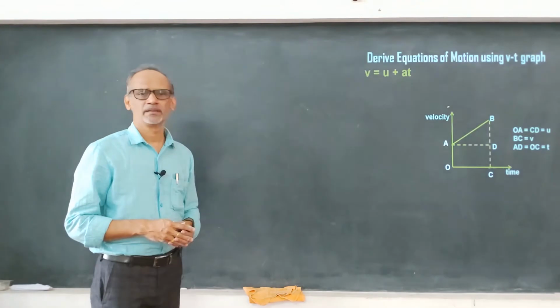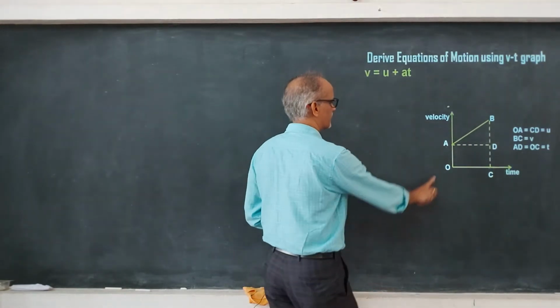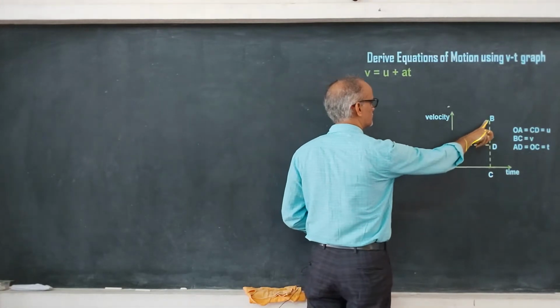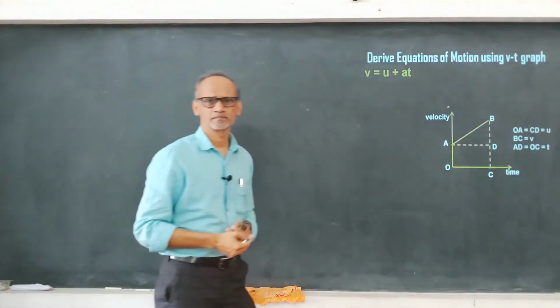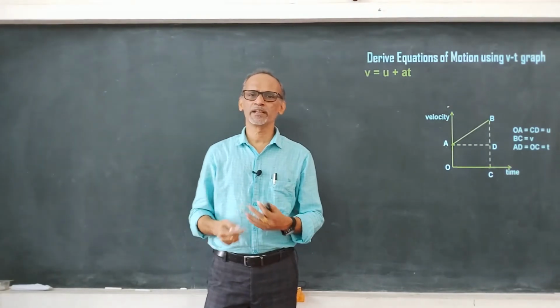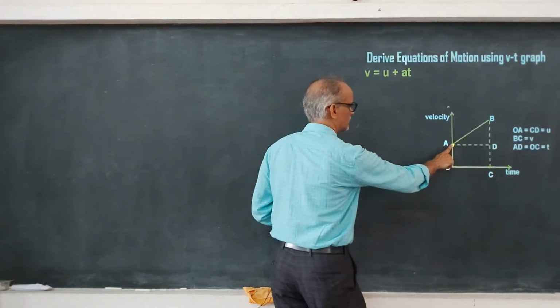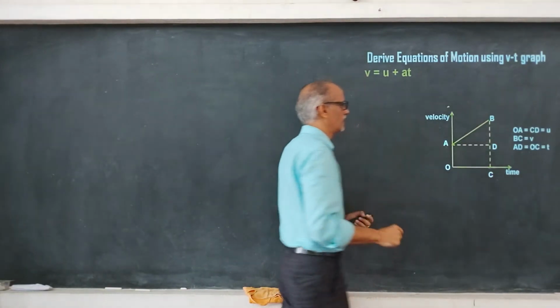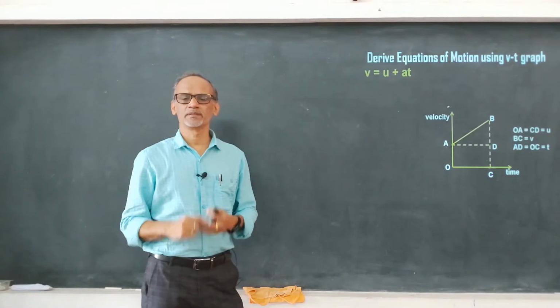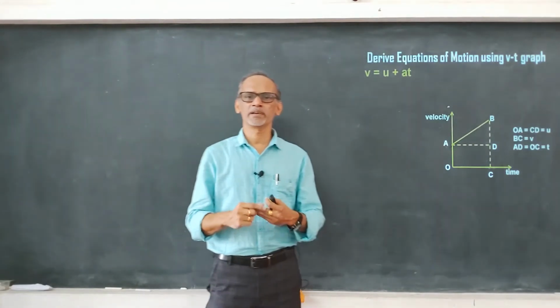So let me take a VT graph here. So this is the VT graph. AB is the VT graph. If AB is the VT graph, then what is the nature of motion of the body? The nature of motion of the body is uniform acceleration with some initial velocity.